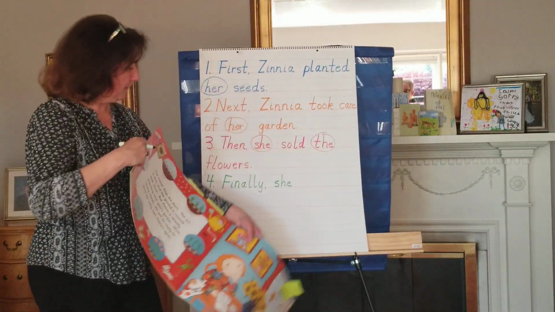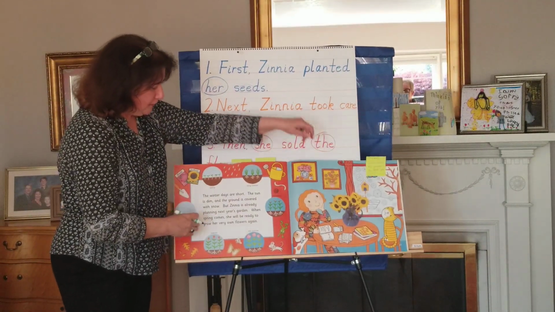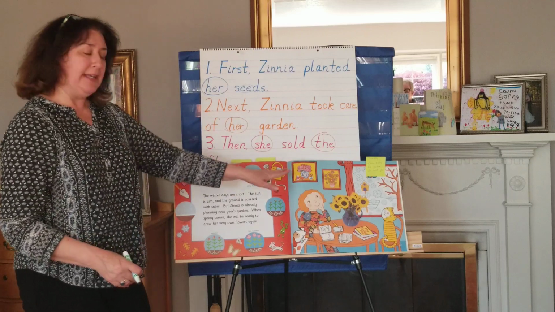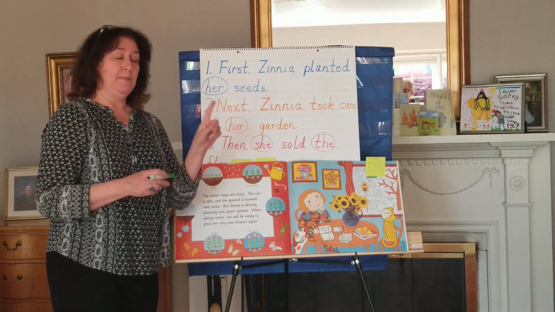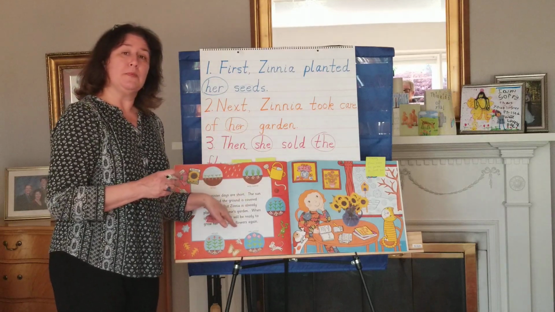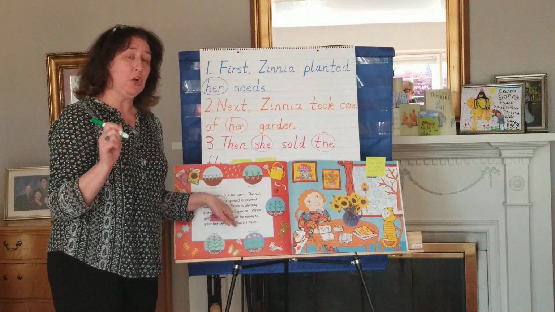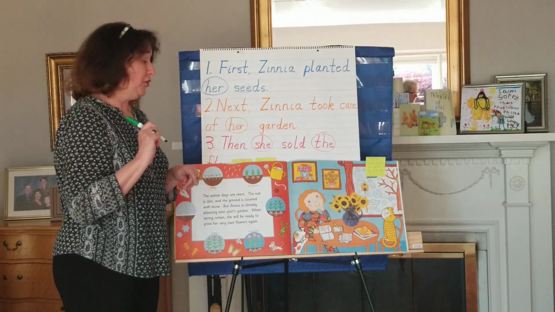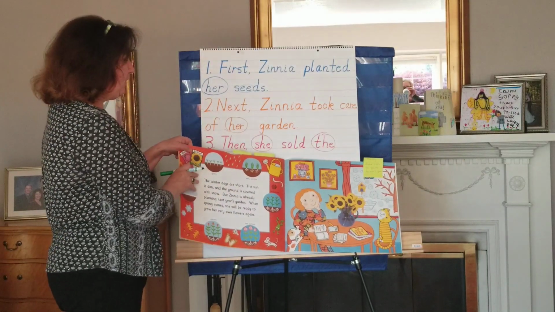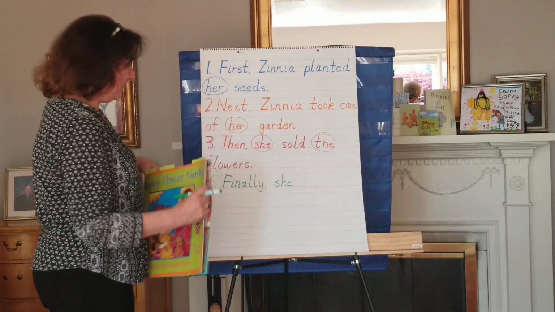Aha. At the very end of the story, we see her inside in the winter, and what is she doing? Do you remember? She's planning her garden for the next year, isn't she? She's planning her garden.